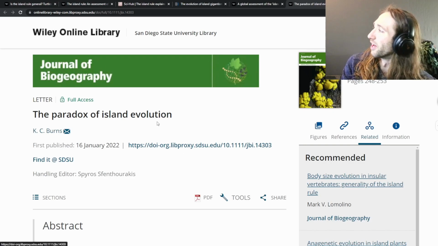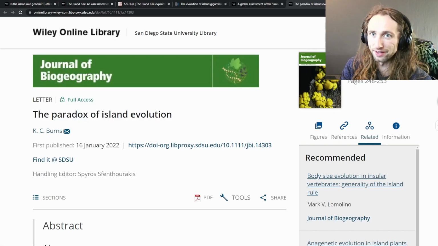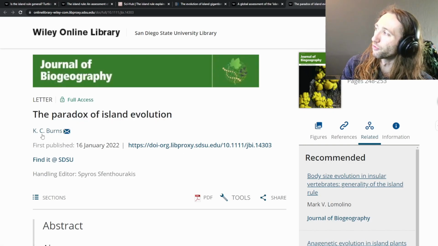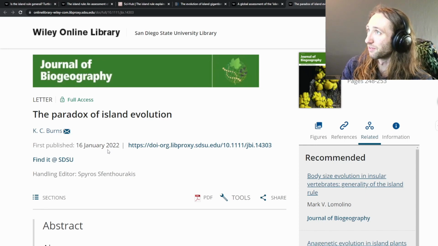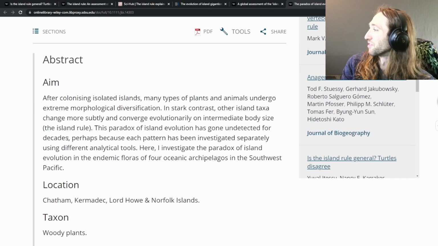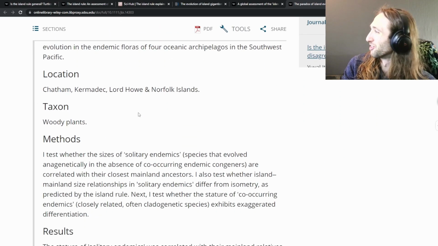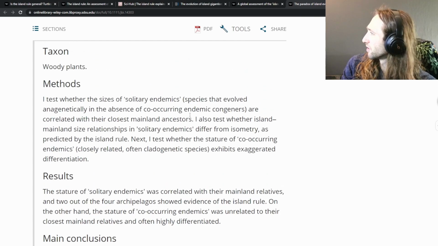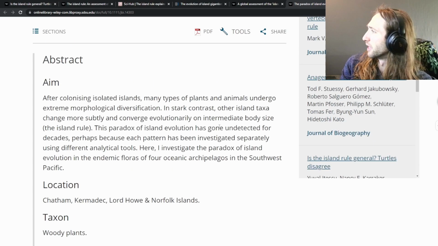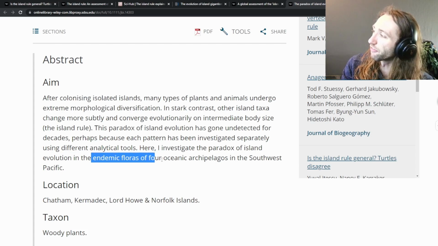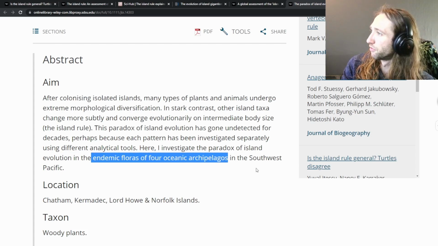And then I went to another one. I found this great paper, The Paradox of Island Evolution. I actually thought at first this was written by a professor at the university I'm doing my master's at, but it wasn't. Just last name, same first initial type of thing. And they looked at the island rule in, I believe it was plants. Yeah, endemic flora of 4 oceanic archipelagos in the Southwest Pacific.